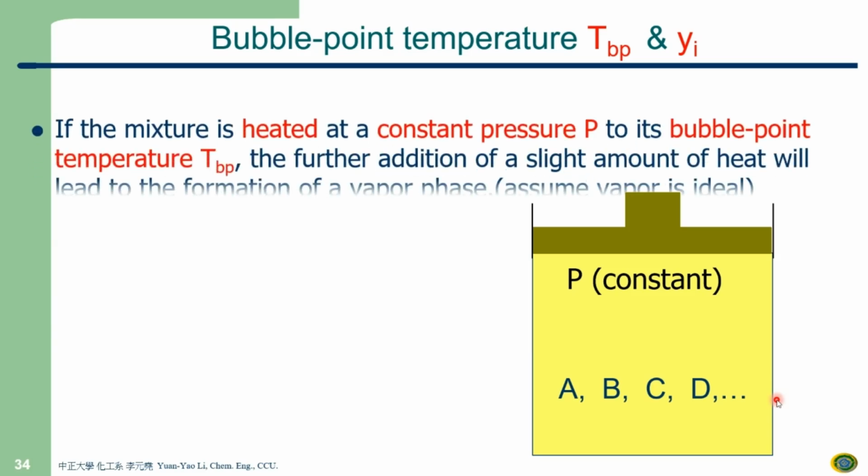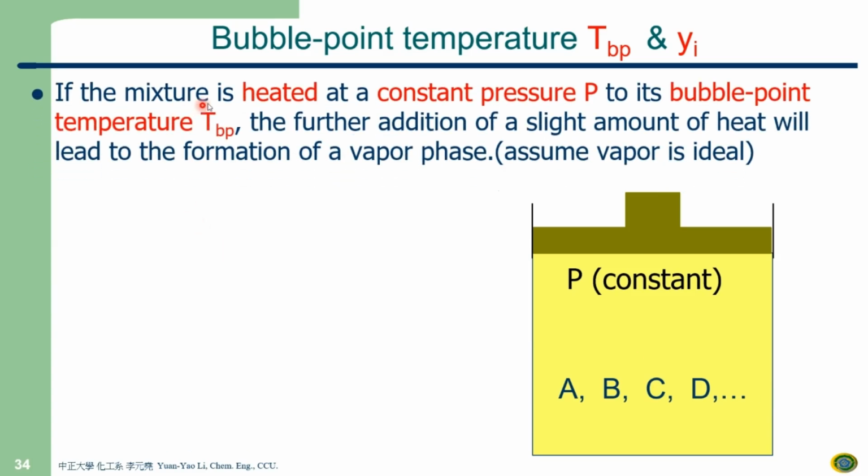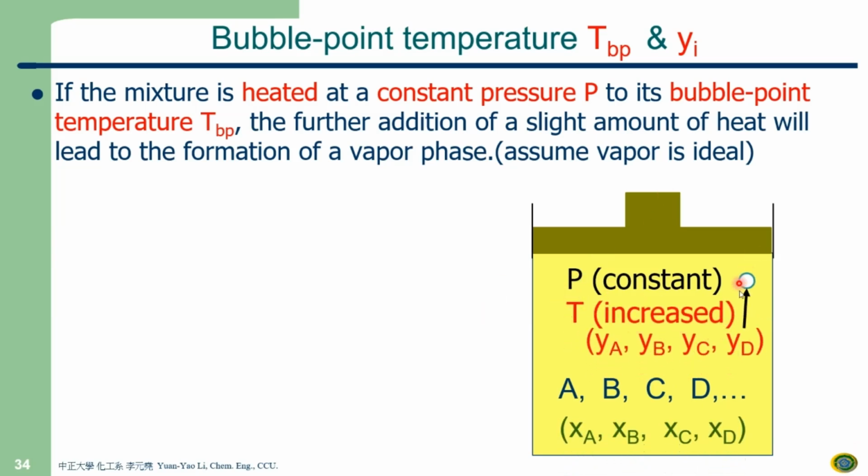If the mixture is heated at constant pressure P to its bubble point temperature, the further addition of a slight amount of heat will lead to the formation of a vapor phase. So that means you will have the first bubble. If you keep on increasing the temperature, you will have a first bubble, and you will have the composition, or molar fractions, of the species in the gas phase in this bubble.